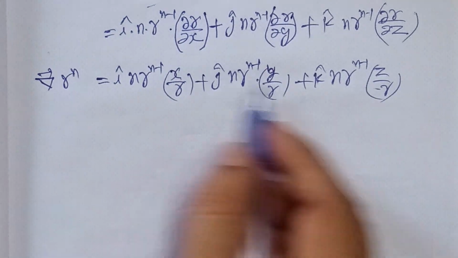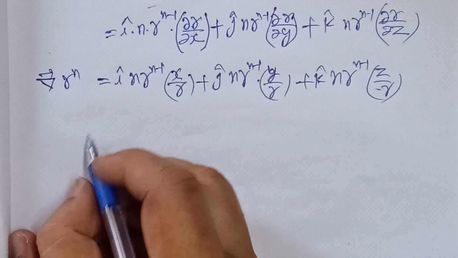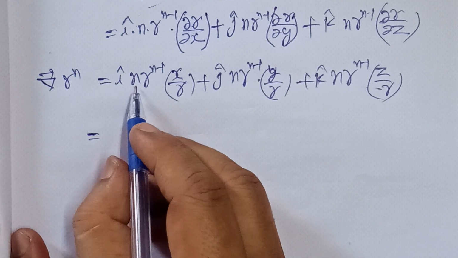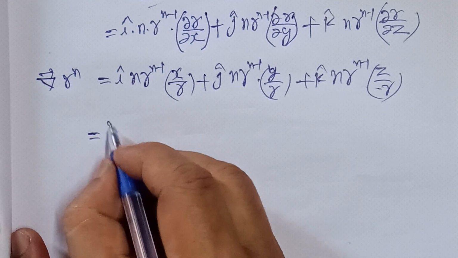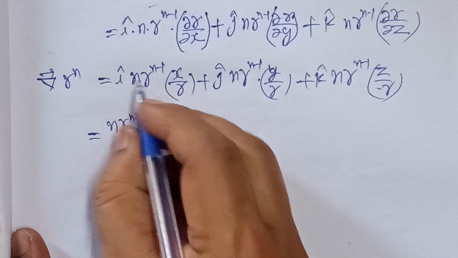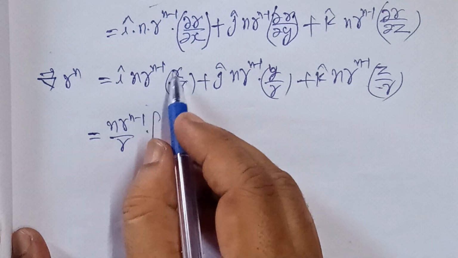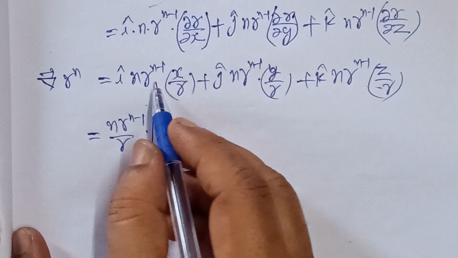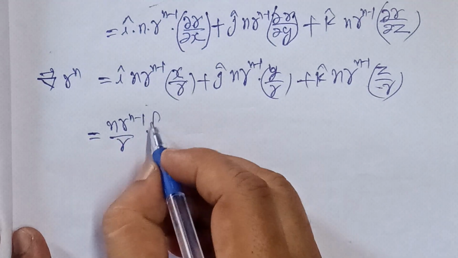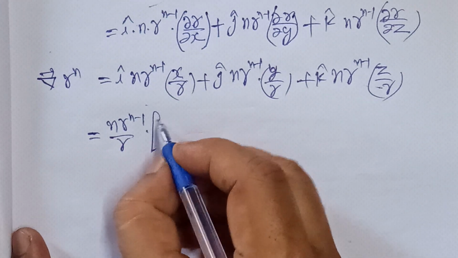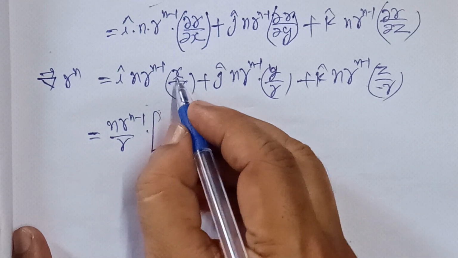Take out n r to the power n minus 1 upon r as common from these terms, and write the remaining terms in the bracket.